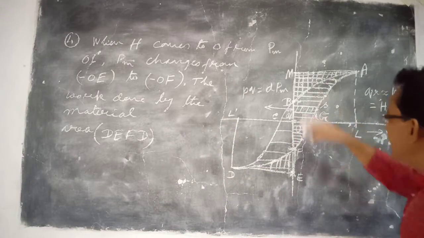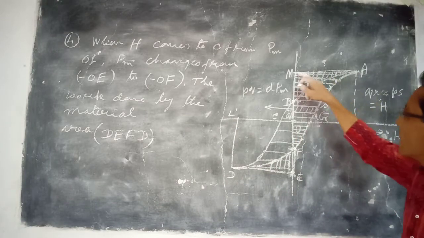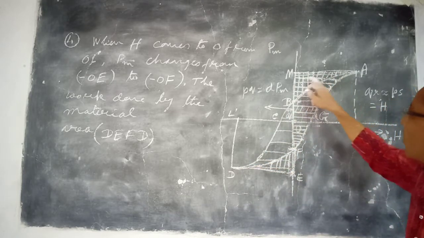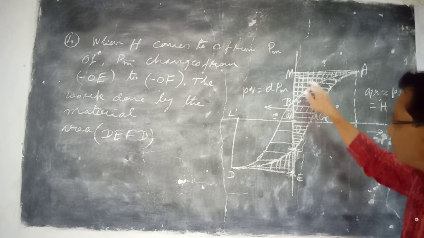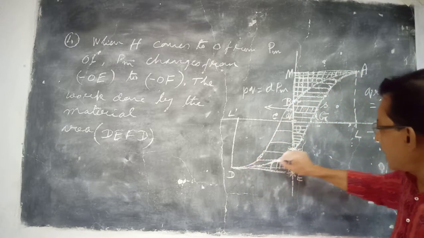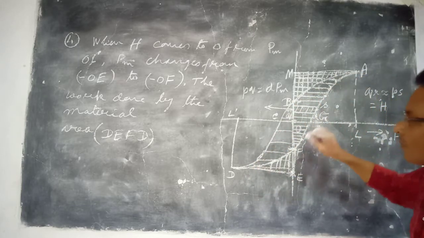Now from the figure it is clearly observed that this is the work done on the material and recovery is very small, this 2%. So the remaining part is this one, the area enclosed by the PM loop. This is the PM loop area.